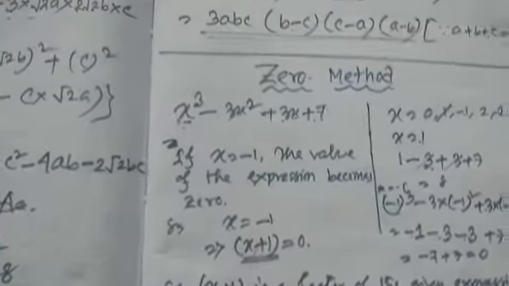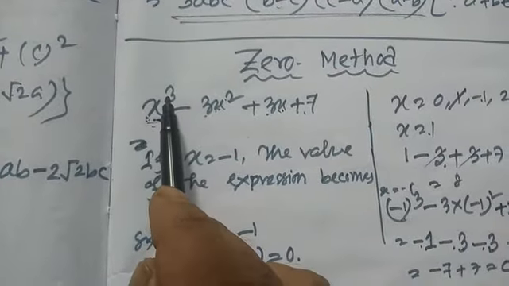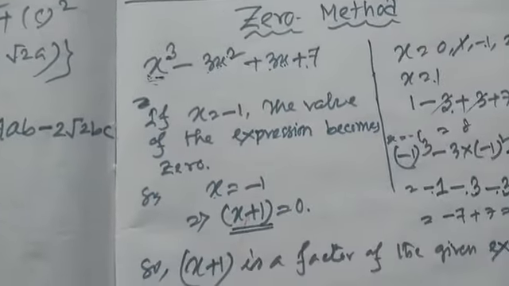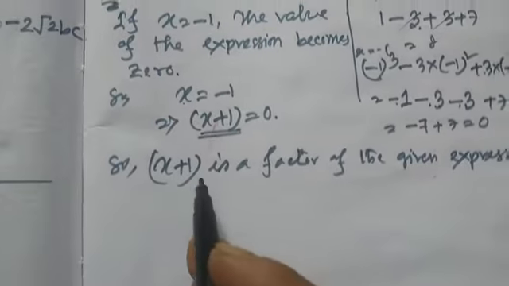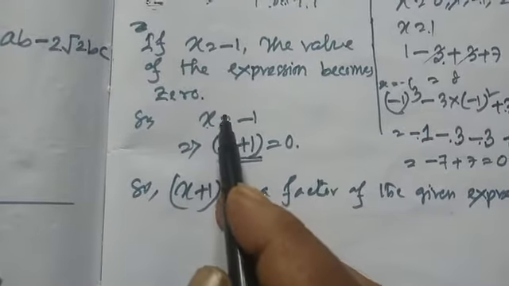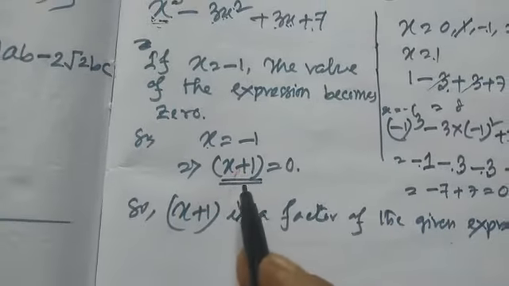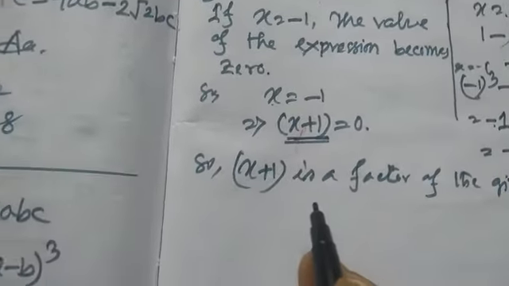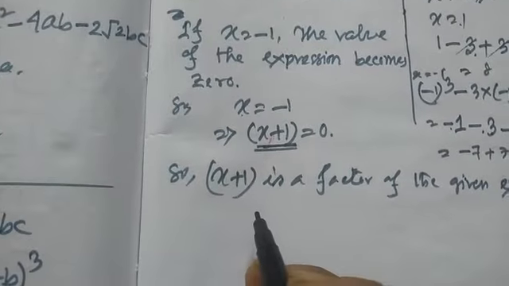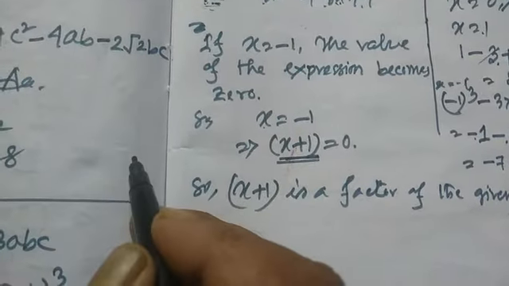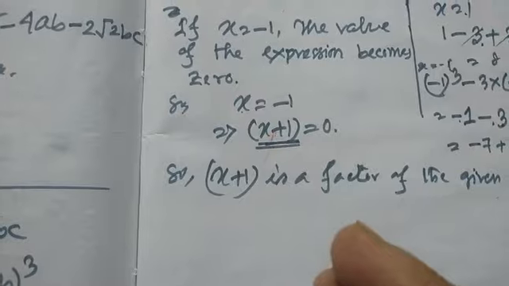See, it's a polynomial of degree 3. So definitely degree 3 means it will have 3 zeros. So first by choosing a value of x by trial and error method, we have got one factor. As we know, if you divide 12 by 3, you will get 4.